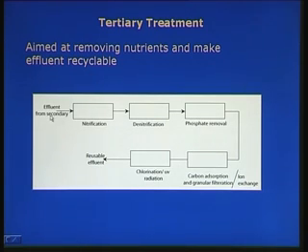If you see the flow diagram, effluent from the secondary treatment plant comes to the nitrification tank, where ammonia is converted to nitrate, and the effluent goes into a denitrification tank. In the denitrification tank, the nitrate produced by the oxidation of ammonia is reduced to nitrogen gas.